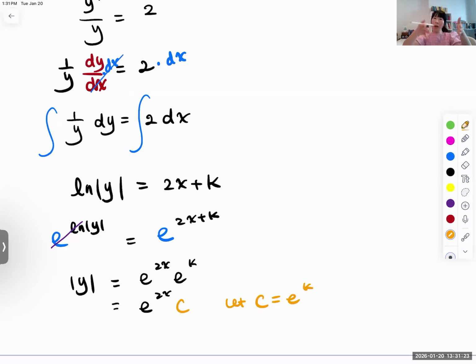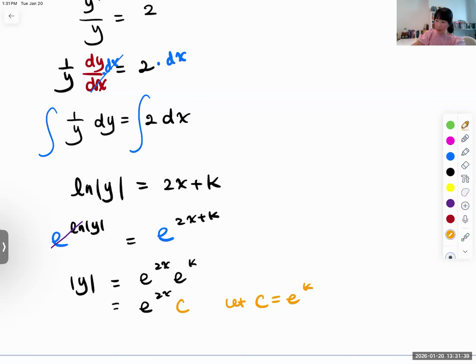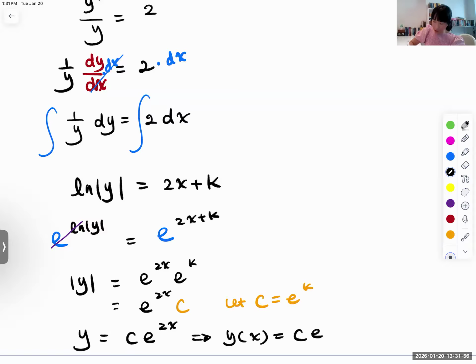But then we have y with the absolute value, right? Look, if a function has it like that, everything is positive, so c will be positive, right? So we will have y equal to c e to the 2x power. Make sense? So that is the same as y of x equal to c times e to the 2x.